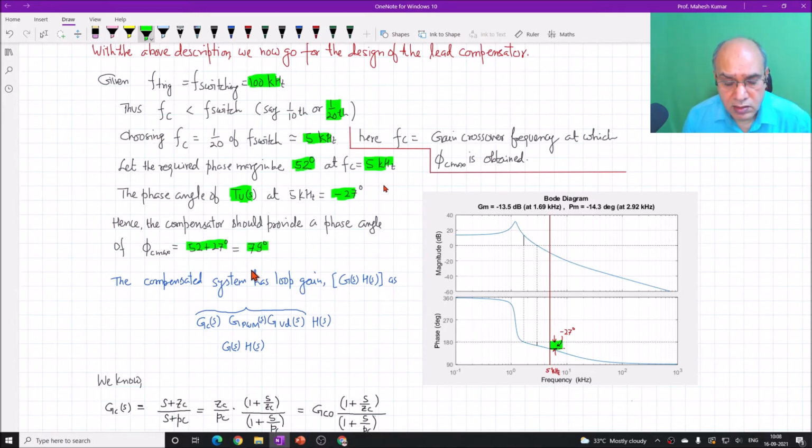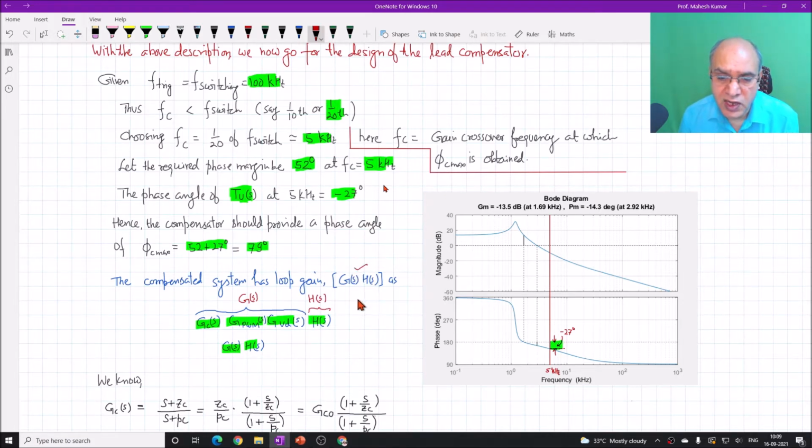The overall compensated system has the loop gain of GC, the compensator, into GPWM, into GBD, and into H. It's basically the product of G into H. While this whole term forms the G, this forms the H. So this is GH, and the product GH is called the loop gain.